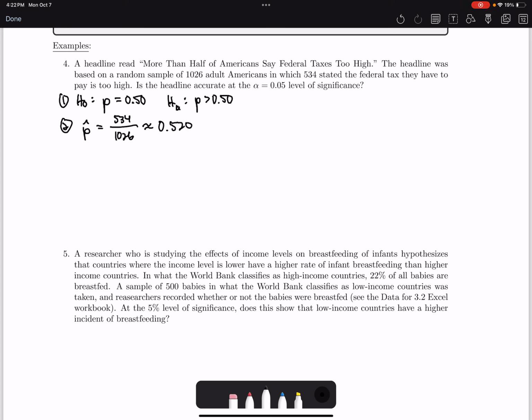Okay, that is more than 50%. It's not that much more than 50%, but it is slightly more. Well, let's compute the p-value. I'm going to use the Art of Stat calculator. Maybe I should take you there to see what it looks like first. Let's head over to that calculator.